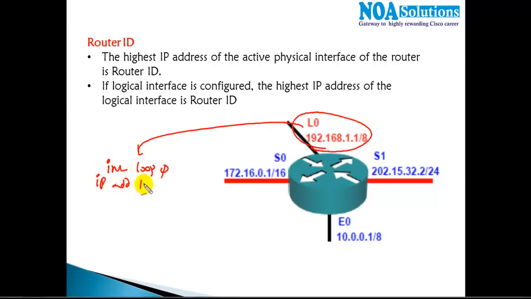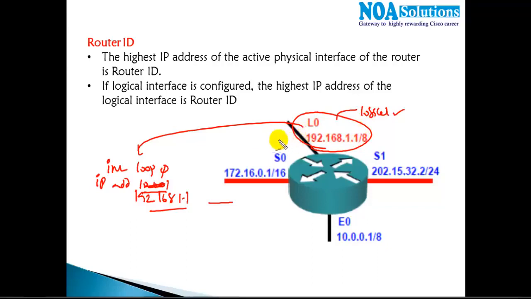We can assign some IP address, something like 192.168.1.1, and then the subnet mask. These loopback interfaces are just logical interfaces which will never go down, and they are used just for basic testing purposes.